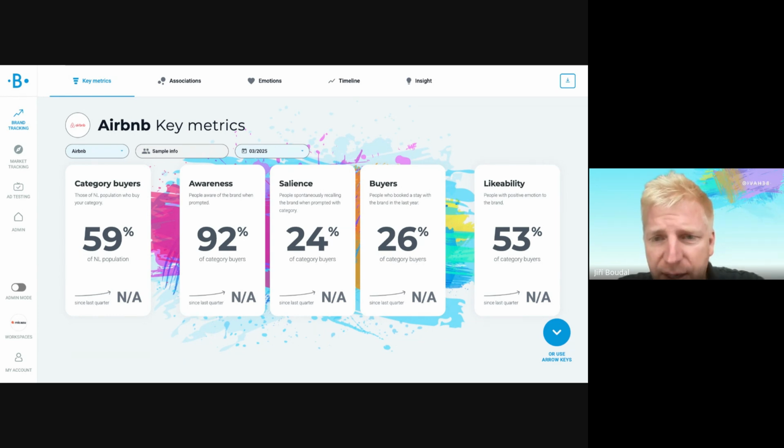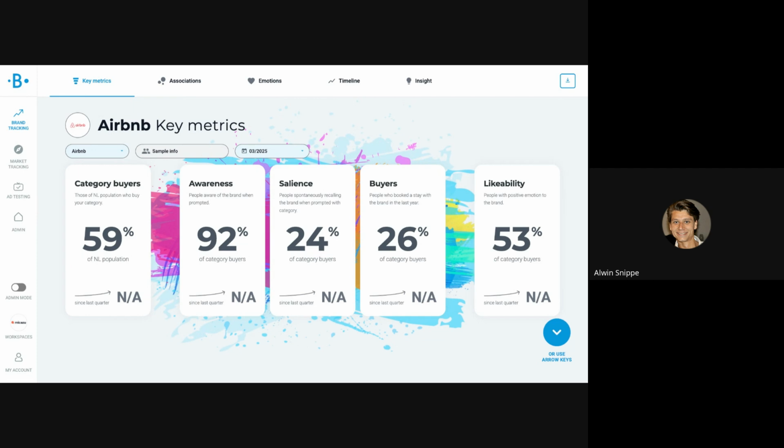Oh, Alvin, yeah, please go. Yes, thank you, Jerry. Very helpful and great information, and the tool, how it works. I have one question about the classic funnel, what you're normally seeing in brand tracking: awareness, consideration, preference, buying.